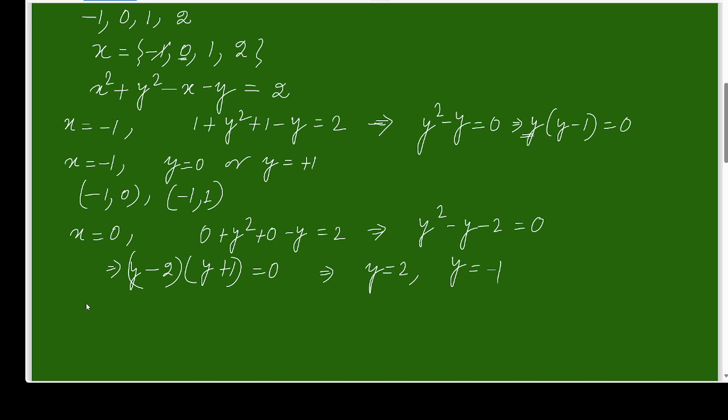So when x is equal to 0, y is 2, and again for x equal to 0, y is minus 1. So two more solutions. Now coming to x equal to 1, you can guess without calculation.